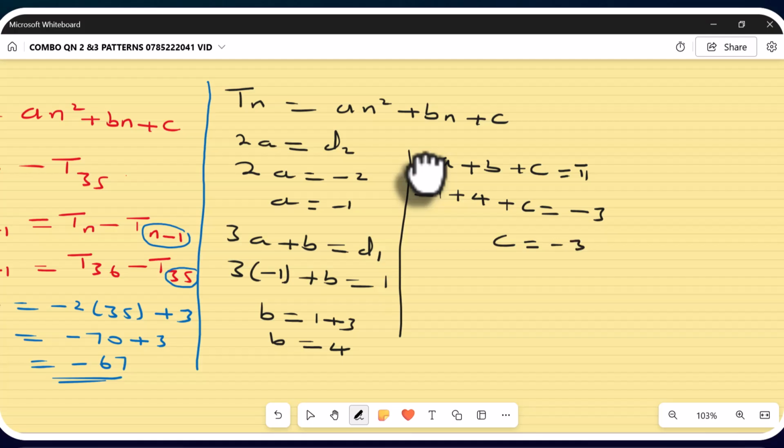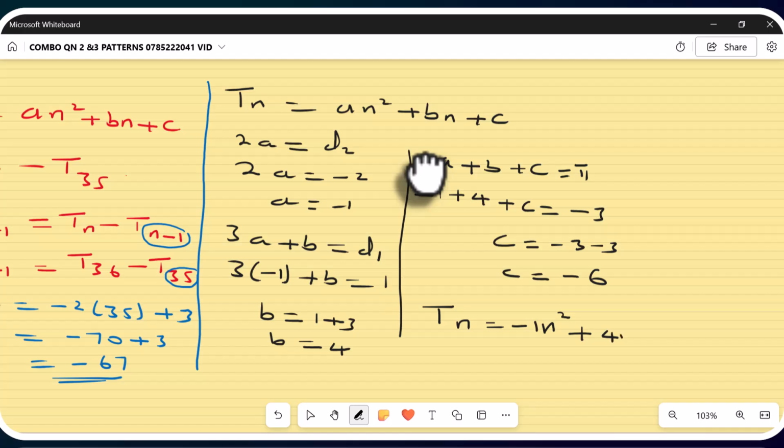Now they say, explain why the sequence will never contain a positive term. What do we do in that case? Let me do it my way.